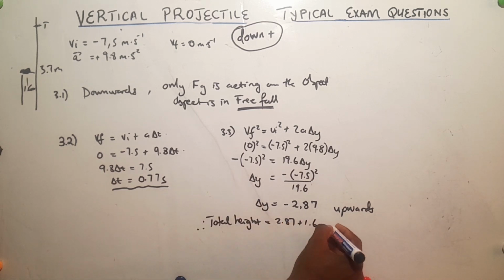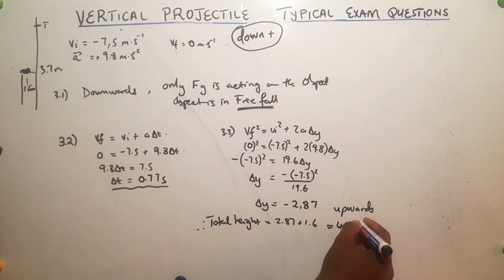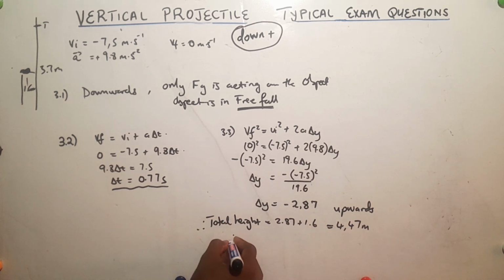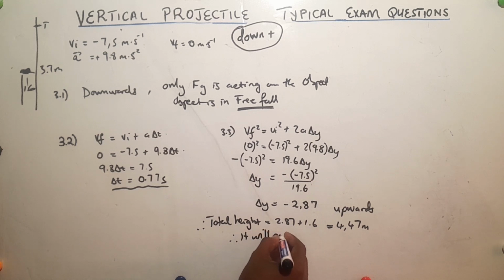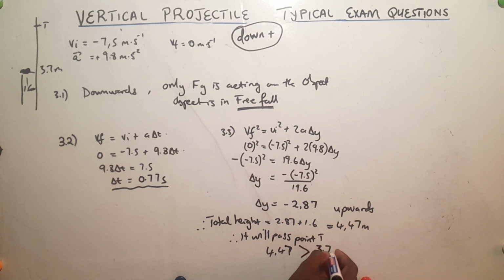That will give us 4.47 meters. So since it gave us 4.47 meters, we can say therefore it will pass point T. The reason being is 4.47 is greater than 3.7 meters. So that's how we can solve this.